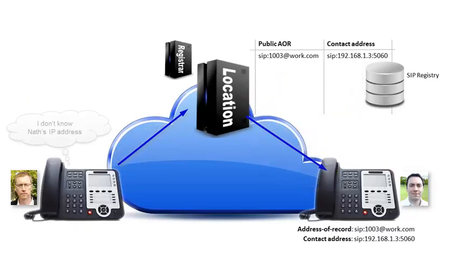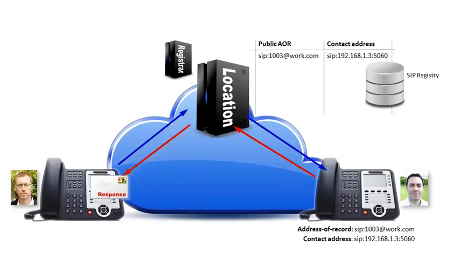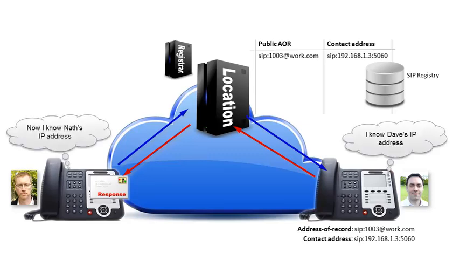So, Dave didn't know Nathan's IP address when he initiated the call, but because of registration, the location server does. When Nath picks up, his response includes his IP address. So now, Nath having received my invite and me having received his response, both have each other's IP addresses and can begin exchanging media. Great.